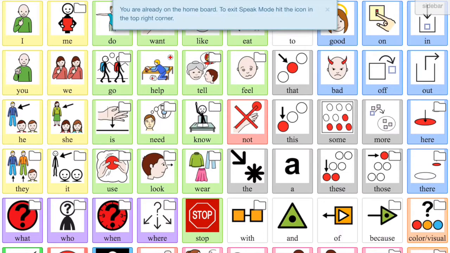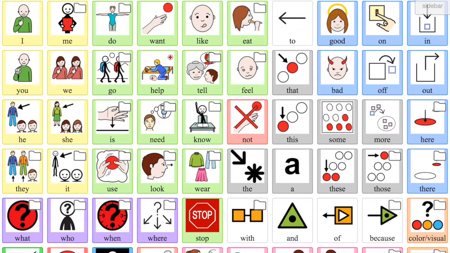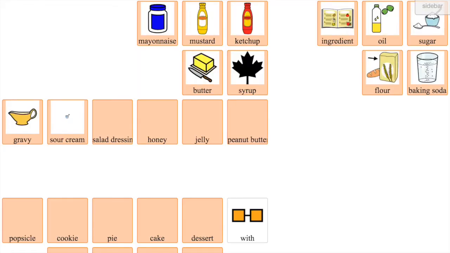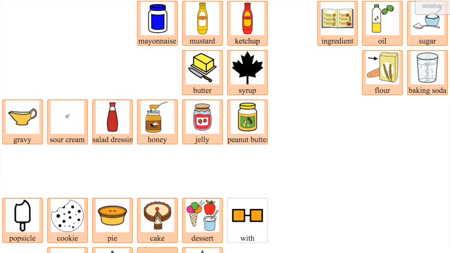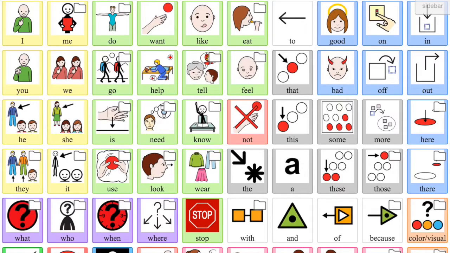We can go back home. Oh, we're already on the home board. As you can see, there's quite a bit of vocabulary. It does open up into a folder when you hit some of the buttons. So you can then go in and it goes to things that would make sense with what you had already used in the sentence.